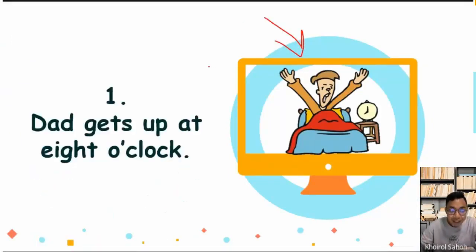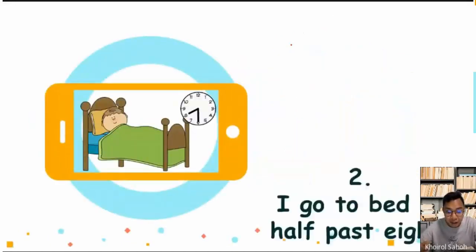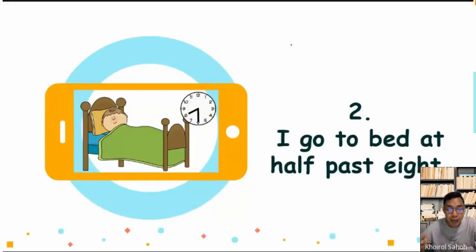For example number 1 here. Okay, dad gets up at 8 o'clock. This is the timetable of my dad, or your dad, you know, he gets up at 8 o'clock every day. What about this? I go to bed at 8:30.